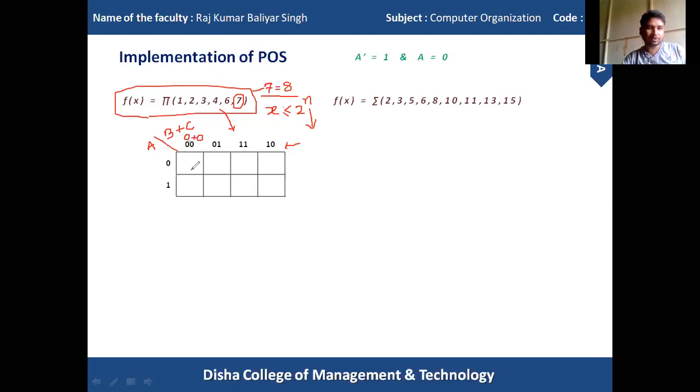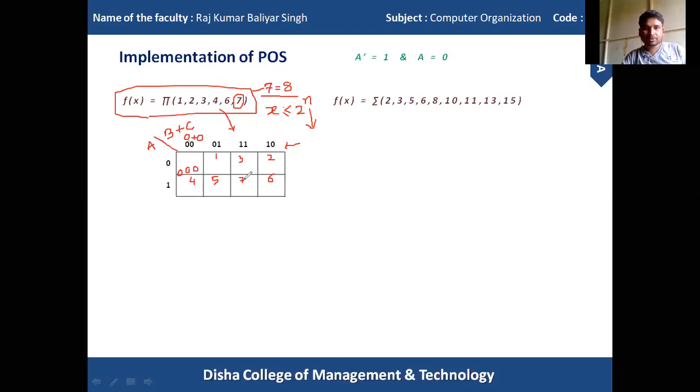The index of this cell is 0 0 0, because row 0, column 0 0, so its cell number is 0. Similarly, the cell number is 1, cell number is 2, for this case cell number is 3, for this case cell number is 4, this cell number is 5, the cell number is 6, and the cell number is 7. You're getting this cell number, right?